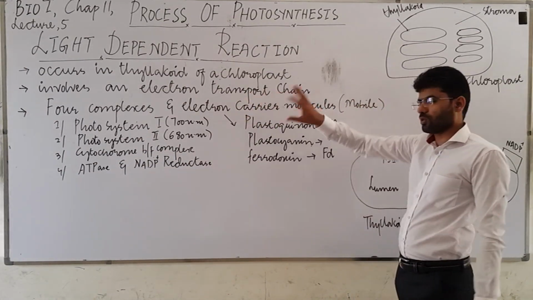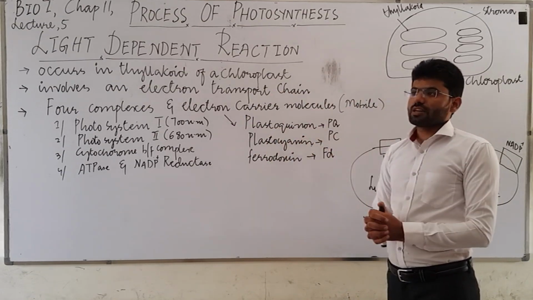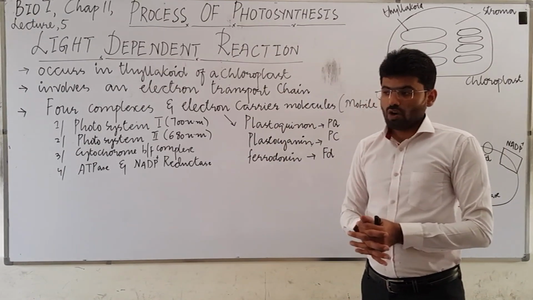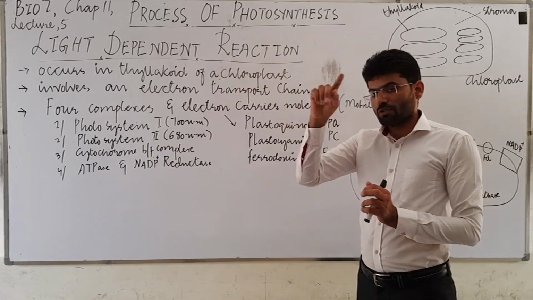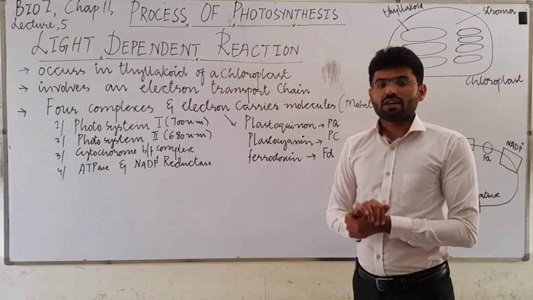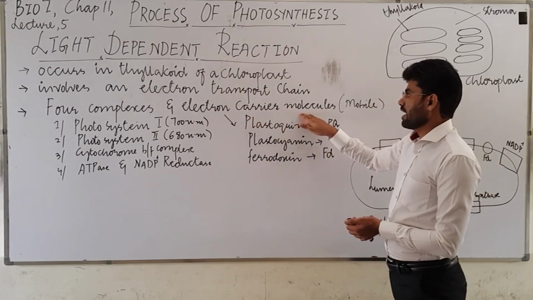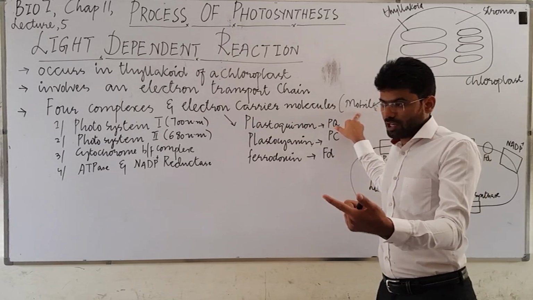If you are calling this whole process an electron transport chain, then you need some molecules which will carry or transport those two excited electrons from one place to another in the thylakoid membrane. So there are electron carrier molecules. You can call them mobile electron carrier molecules.